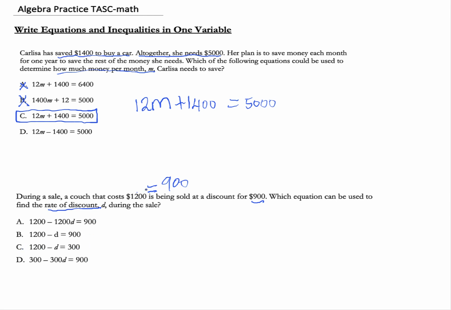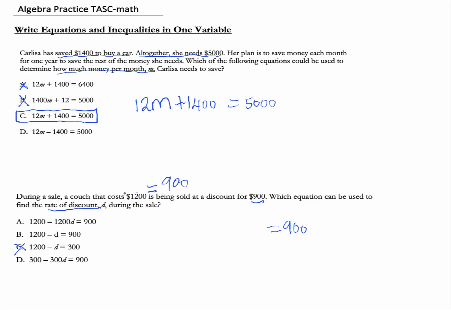Now think about it. If you take 1,200 minus 900, would you get 300? Yes. So again, if you didn't know which one of these was the correct answer, you could eliminate C. My answer is either A, B, or D. Now we're talking about a sale. And usually when you have a sale, you take a percent off the original price.